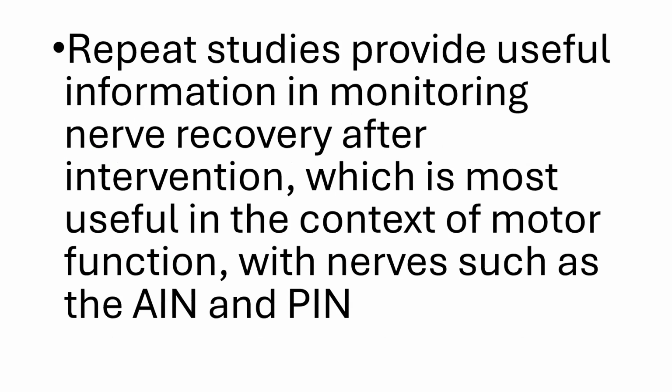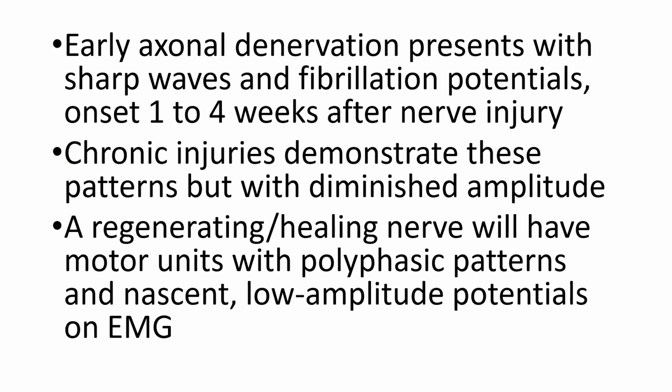Repeat studies provide useful information in monitoring nerve recovery after intervention, which is most useful in the context of motor function with nerves such as the anterior interosseous and posterior interosseous nerve. Early axonal denervation presents with sharp waves and fibrillation potentials.